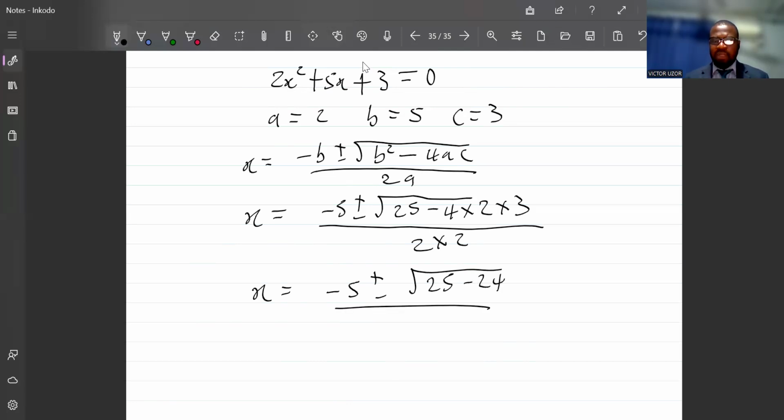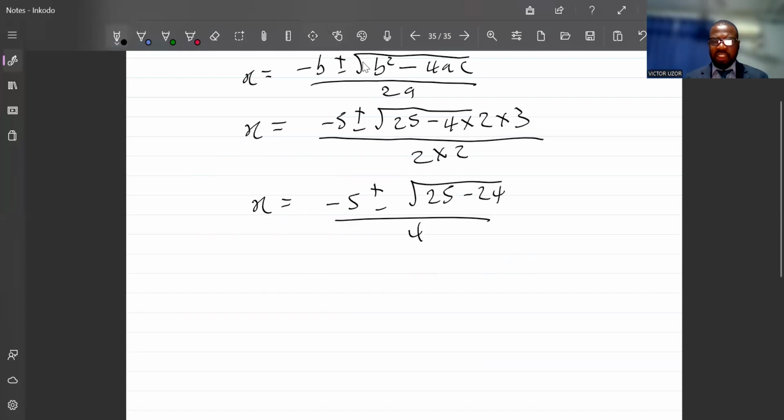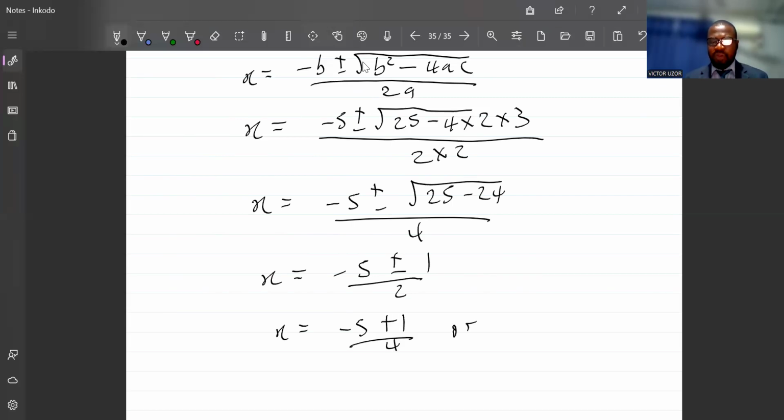And from there, I can have x is equal to minus 5 plus or minus 1 over 4. Here we have x is equal to minus 5 plus 1 over 4, or minus 5 minus 1 over 4. This will give me minus 4 over 4, and this will give me minus 6 over 4.